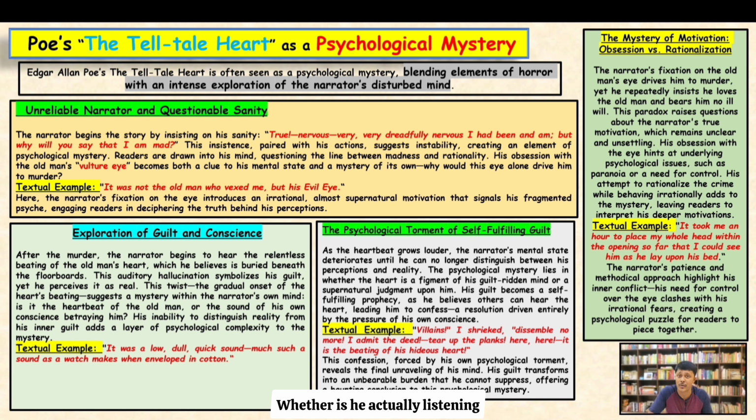Doppelgangers: the eye as a reflection of the narrator. The old man's eye works as a mirror of the narrator's soul, symbolizing his own guilt and fear. The eye acts as a doppelganger, a double that forces the narrator to confront aspects of himself he cannot tolerate or escape. The beating heart is an echo of the narrator's guilt; we all know by this time that it also works as a doppelganger, the double.